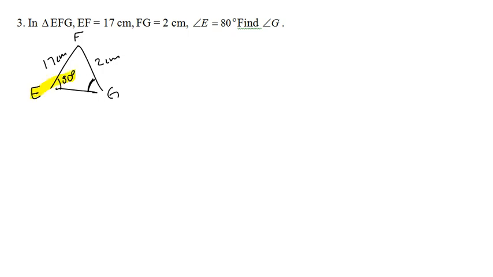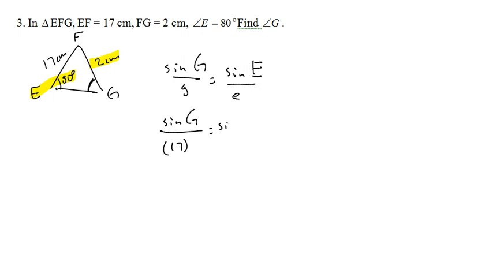Okay, so notice we've got side e and angle E, so we can use the sine law. And we're also going to use G because that's what we're looking for. So we'll have sine G over little g equals sine E over little e. That gives us sine G over 17 equals the sine of 80 over 2.